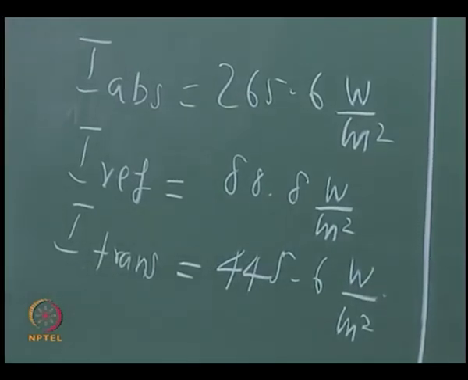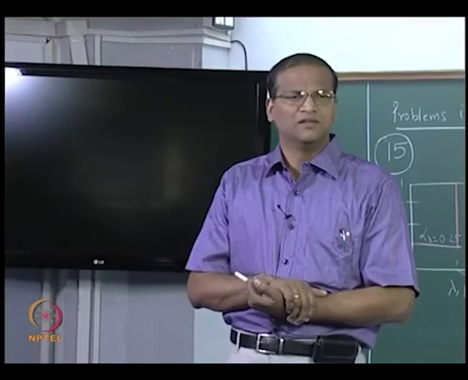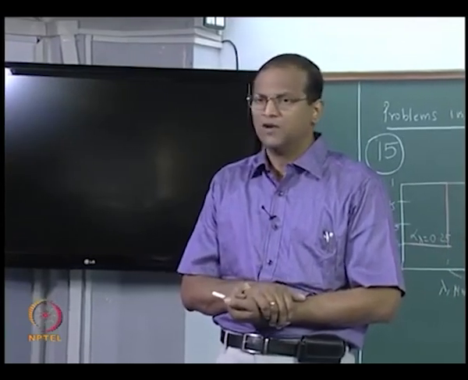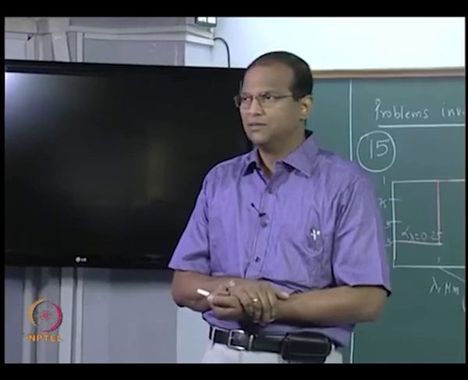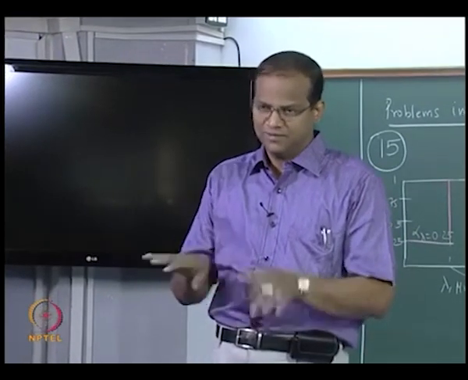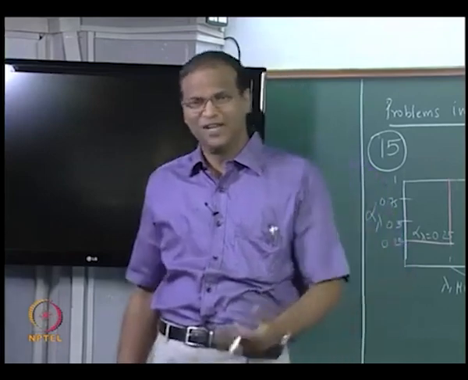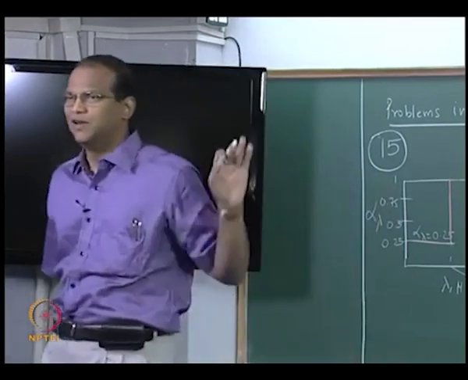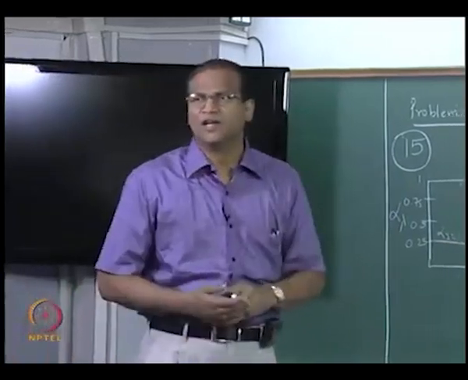I can say part C, if the surface is at a temperature of 325 Kelvin, what is the emissivity of the surface? Part D, what is the net radiation heat transfer from the surface? We can keep on developing the problem, but now it is sufficient for us because we know how to calculate tau.